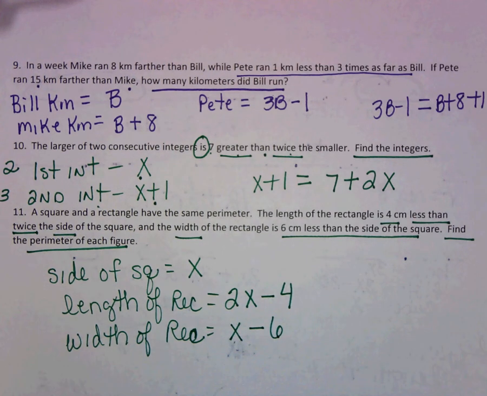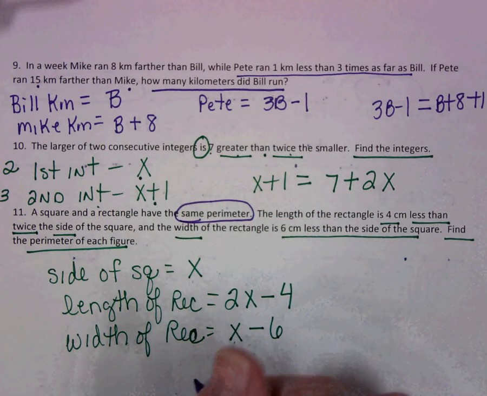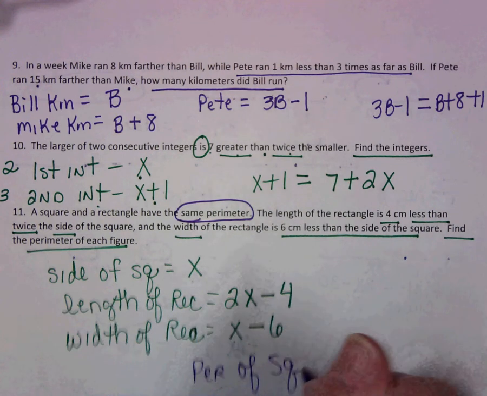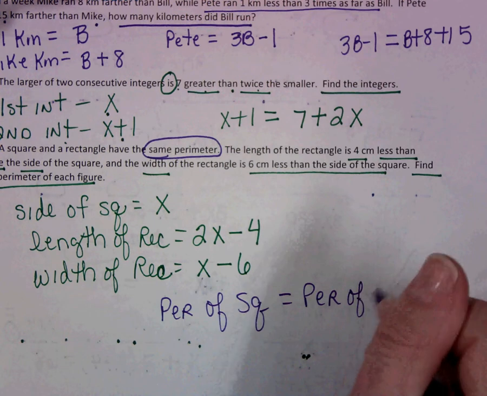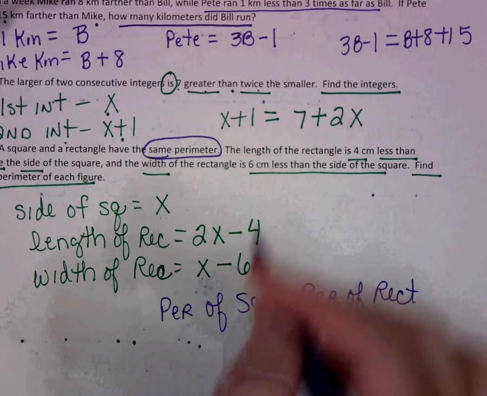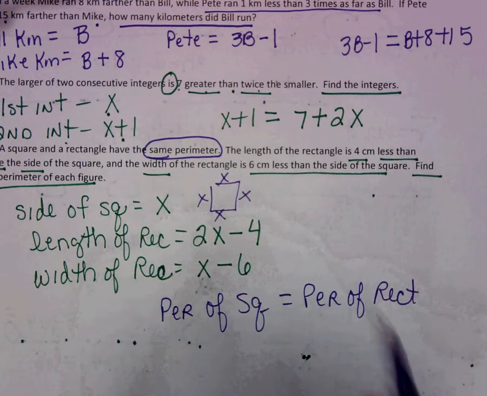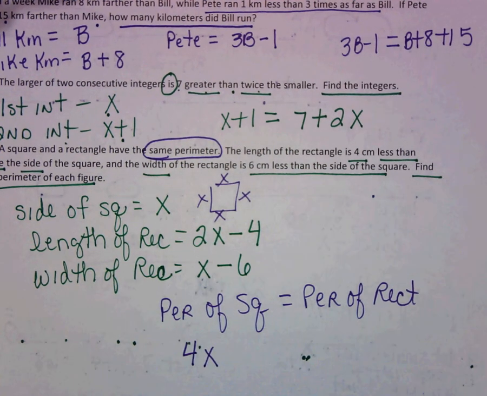And it says they have the same perimeter, which means that the perimeter of the square is equal to the perimeter of the rectangle. So we've got to write some perimeter formulas here. If we have a square and all the sides are x, we're just adding up all the sides, or doing 4 times x.